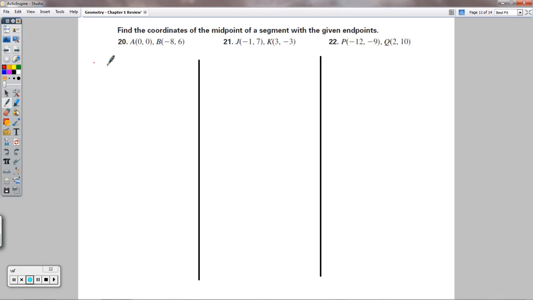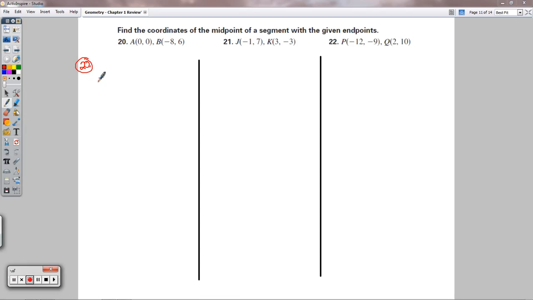For finding the midpoint, we can use that midpoint formula that we learned about. We take the 2 points that were given. We find halfway in between the x values and halfway in between the y values. That's going to be our midpoint.